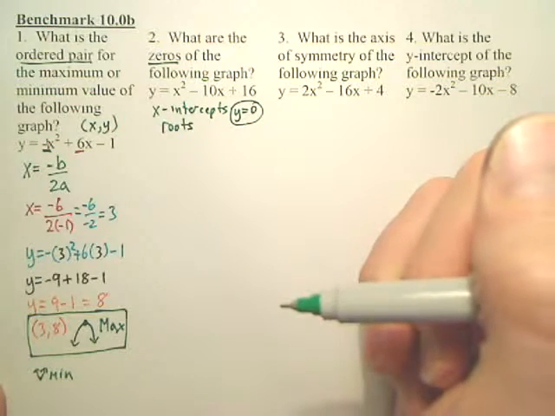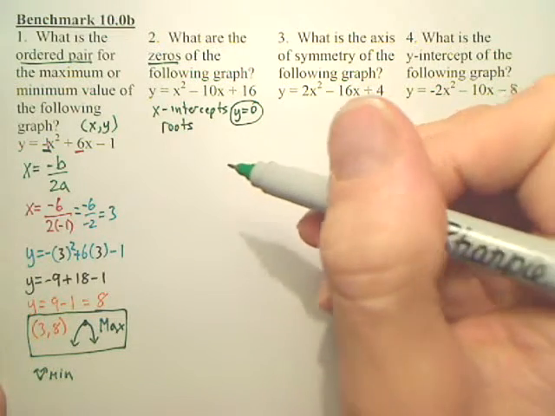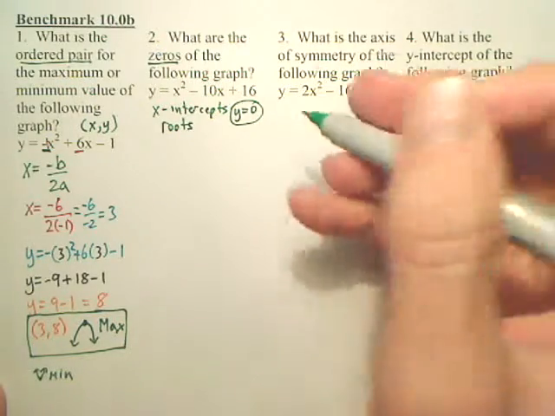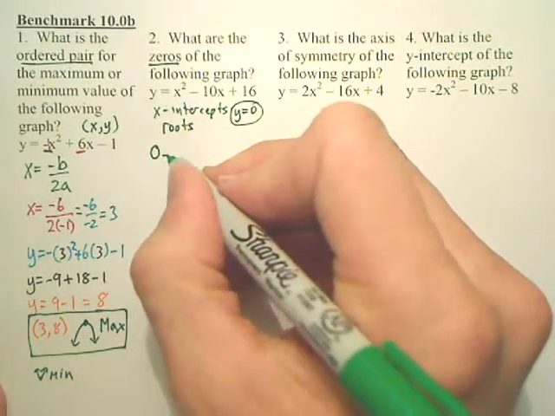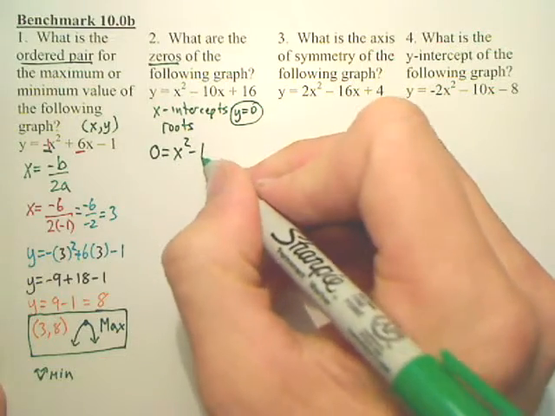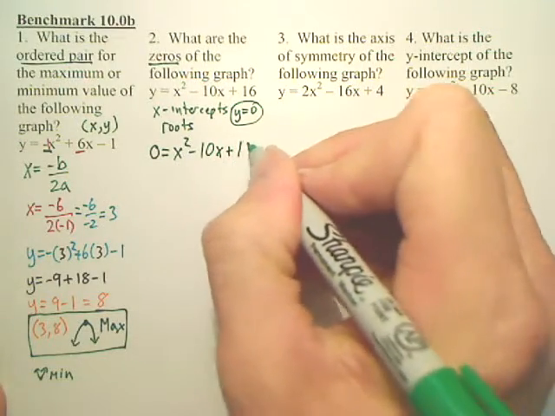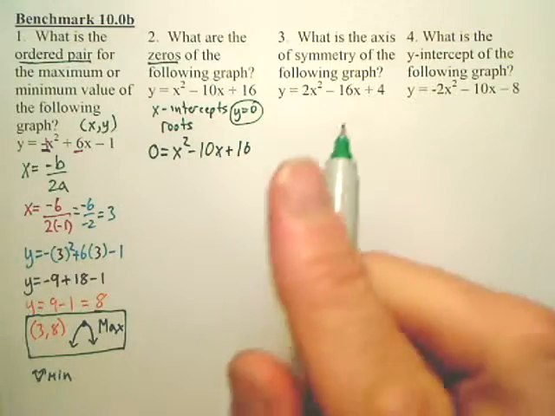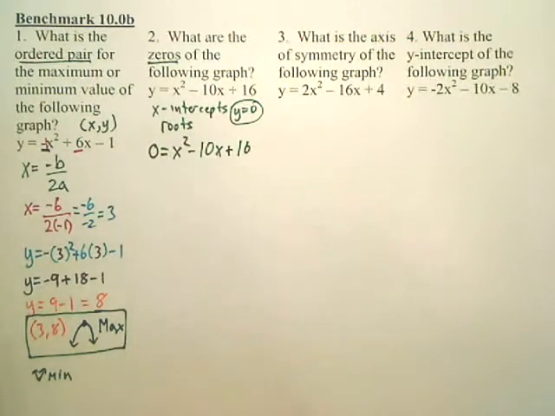I want x when y is 0. So if I plug 0 in for y and solve for x, you will get your zeros.